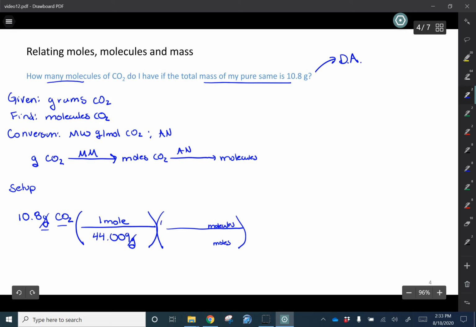And we know that there are 6.022 times 10 to the 23 molecules in 1 mole of CO2. So we should have molecules of CO2. Again, we'll just double check, get rid of grams, get rid of moles, get molecules of CO2.